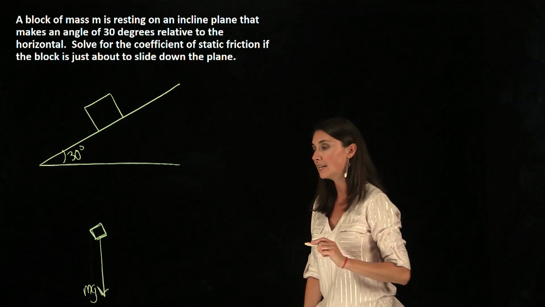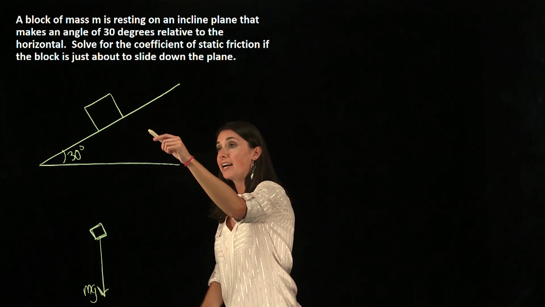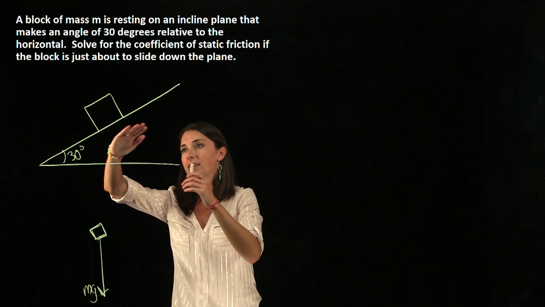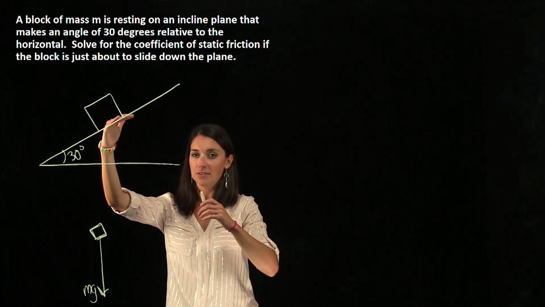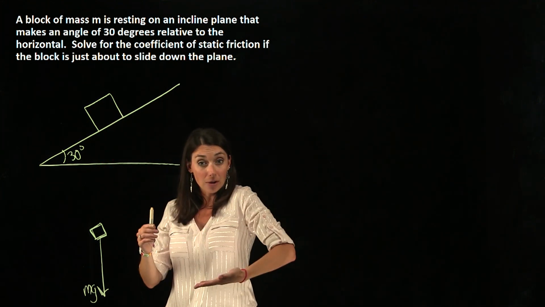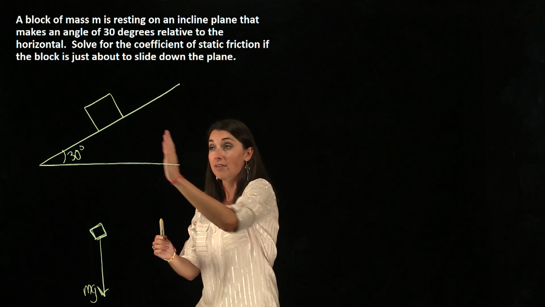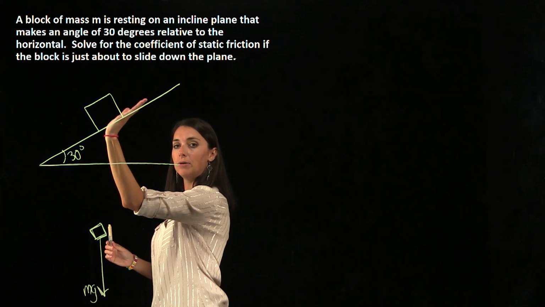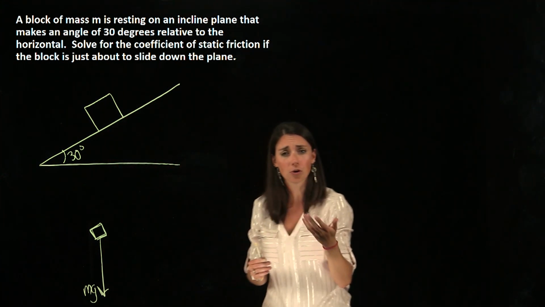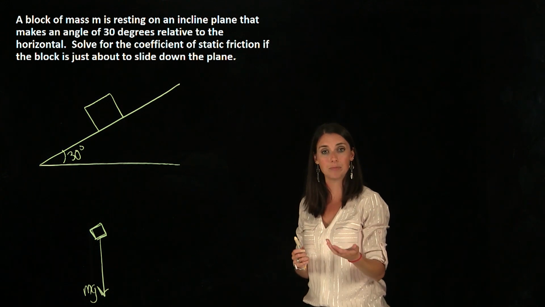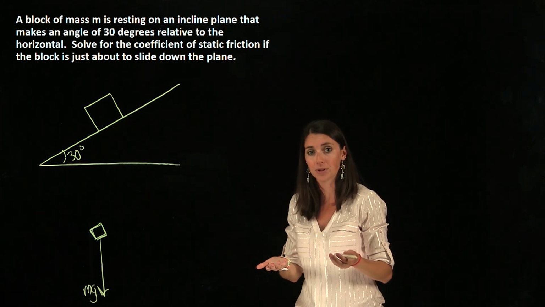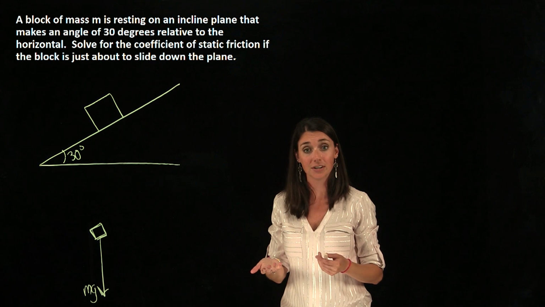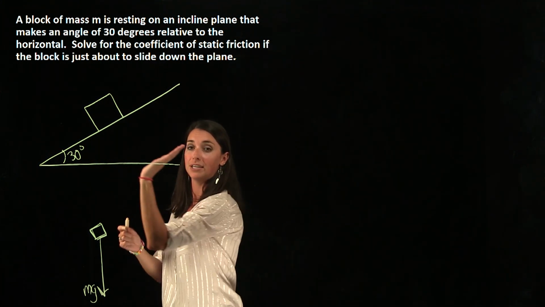Then if I look at anything else on the block, I know that there's a plane here that it's sitting on. Just like before where the ground was pushing up, we have our inclined plane, but it's kind of pushing sideways a little bit. If you think about what a normal force really means, it's named after a normal line, which means it's going to be perpendicular to our surface.